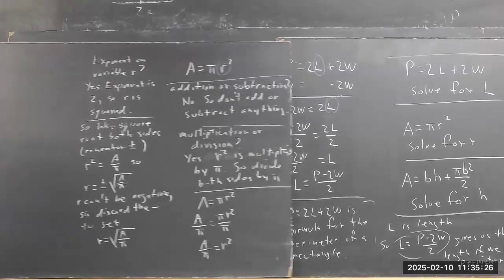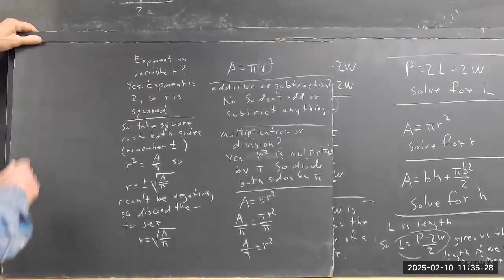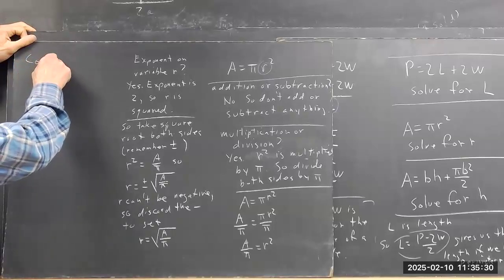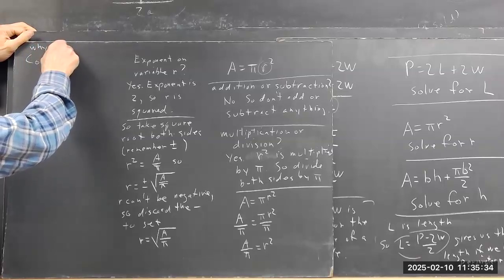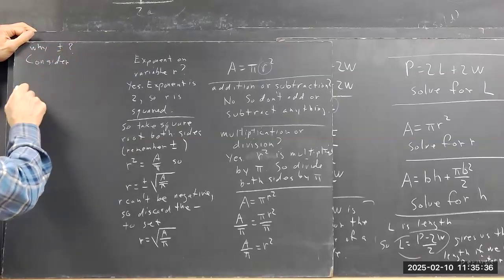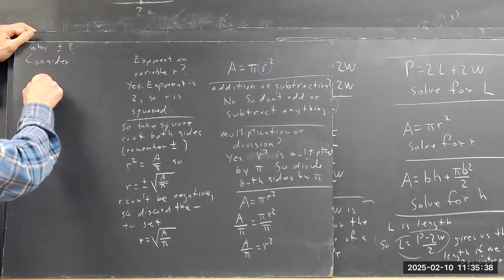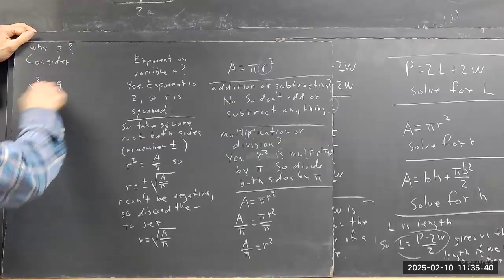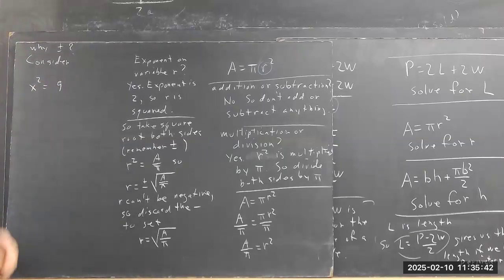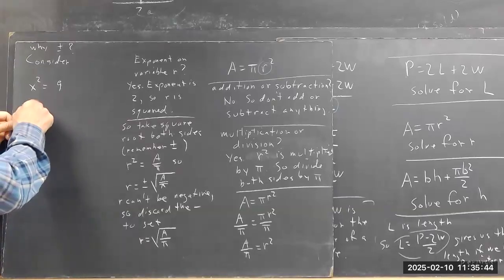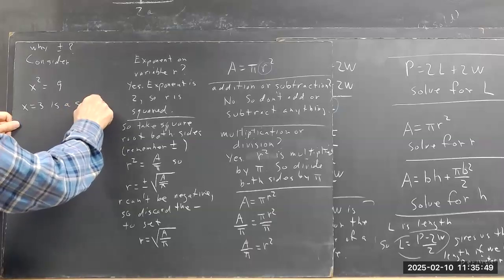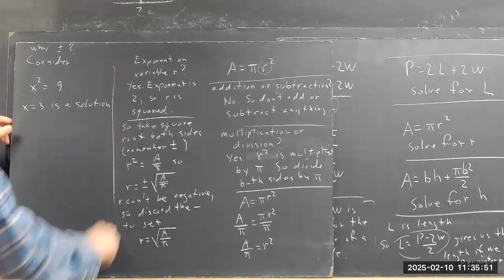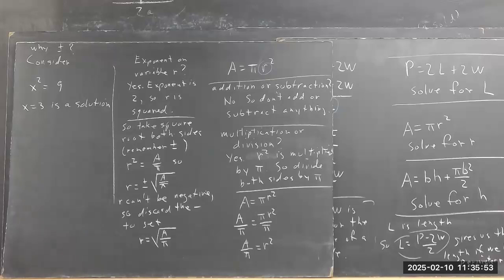Consider x squared equals 9. x equals 3 is a solution, right?